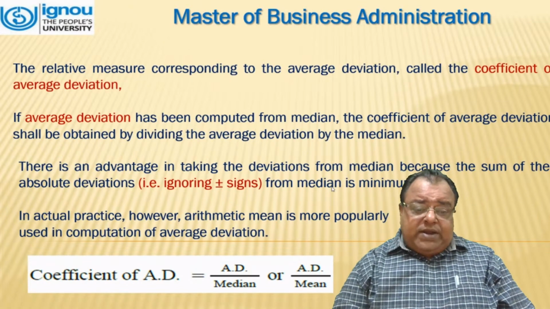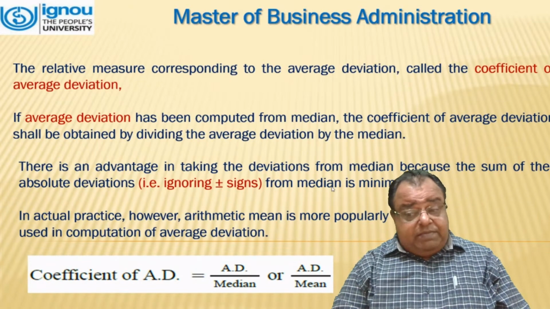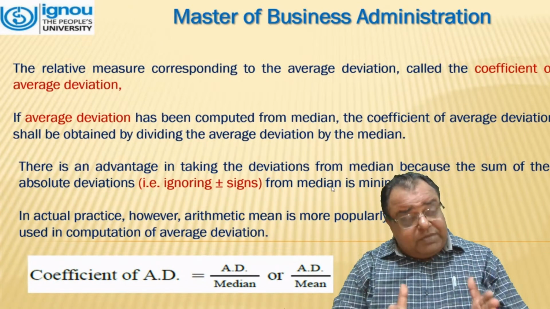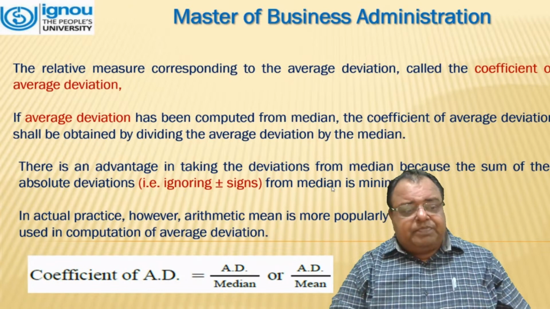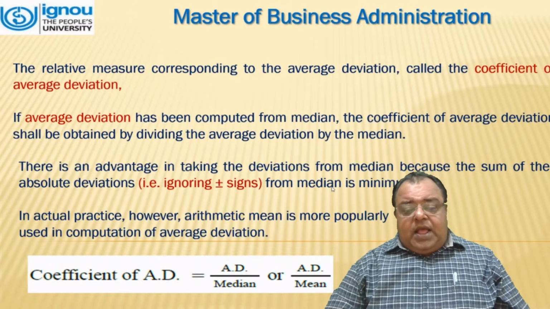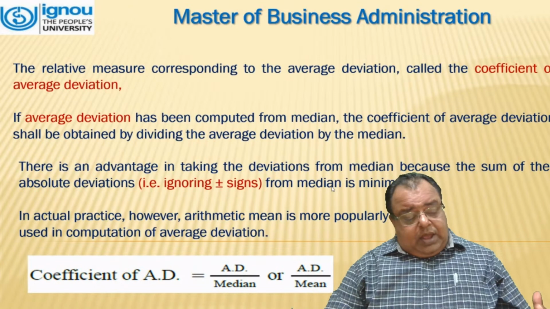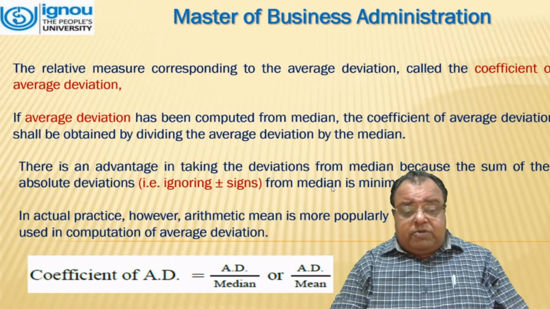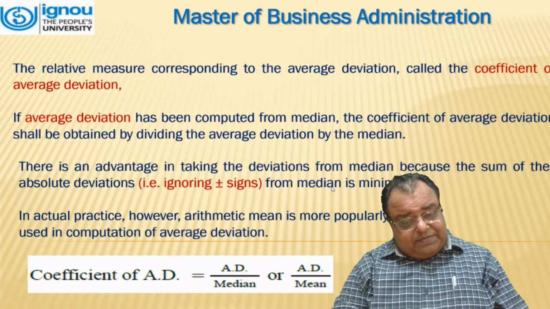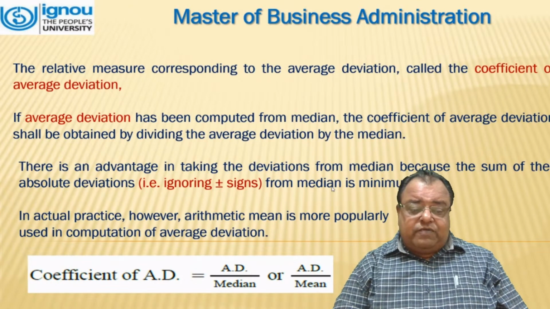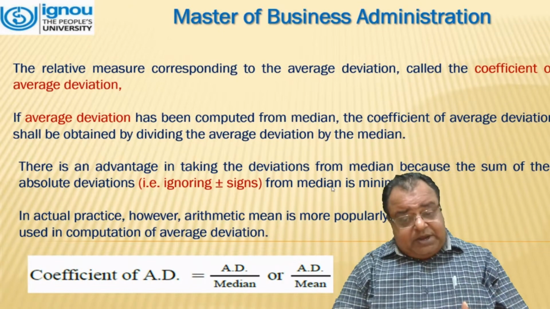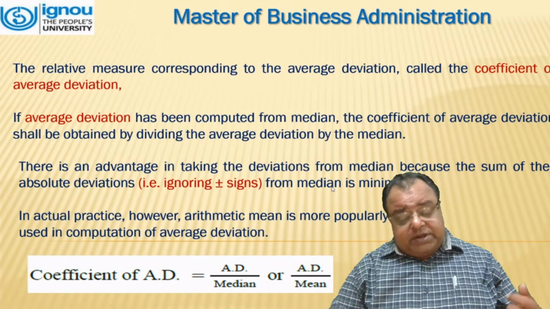There is an advantage in taking the deviations from the median because the sum of the absolute deviations from the median will be minimum. However, the arithmetic mean is more popularly used in computation of average deviation. That means the coefficient of average deviation is the ratio of average deviation to the median or average deviation to the mean.